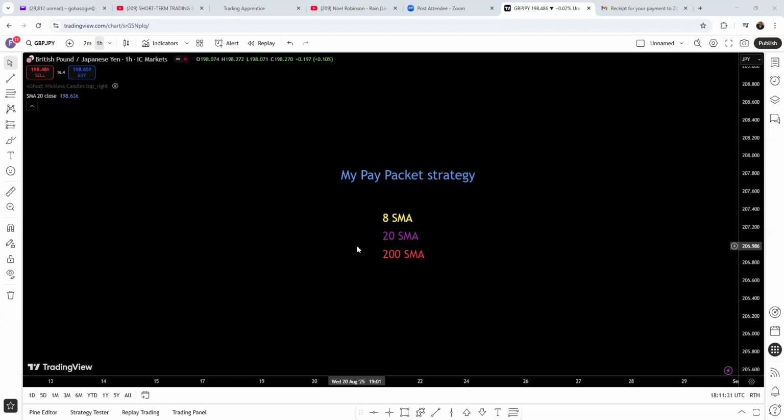This one is very simple and straightforward. I have enhanced it since I started using it over a decade ago, so the way I trade it now is a lot simpler and easy to learn. It's otherwise known as MPP.